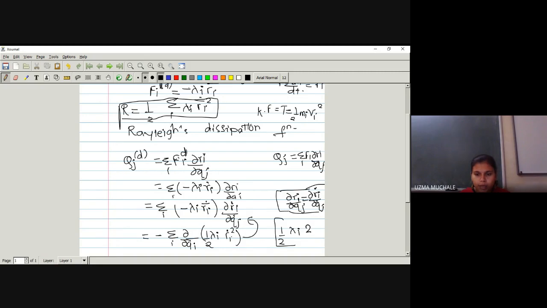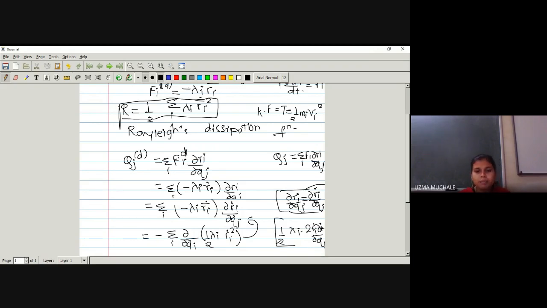It will be 2 Ri dot into, as Ri dot and Qj dot are different, I have to write dou Ri dot by dou Qj dot, correct? Here this 2 gets cancelled, so what remains is lambda Ri dot as it is and dou Ri dot by dou Qj dot. So whatever equation we adjusted comes back to our original equation.